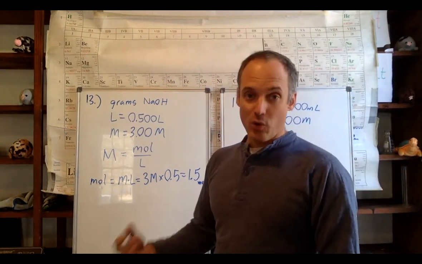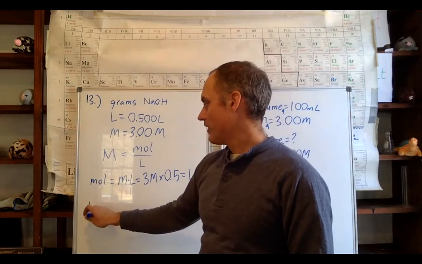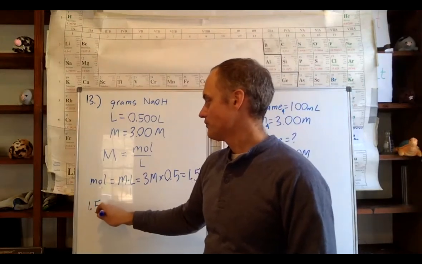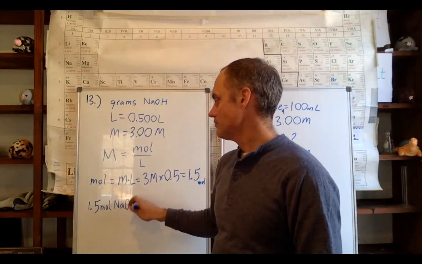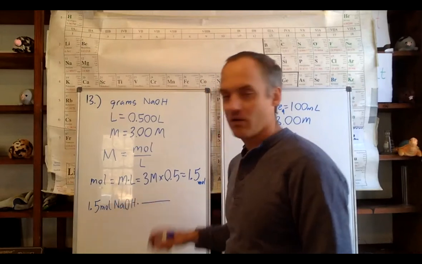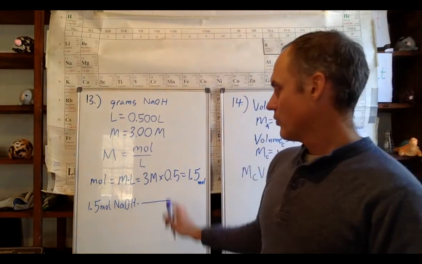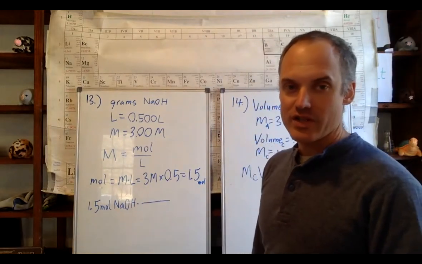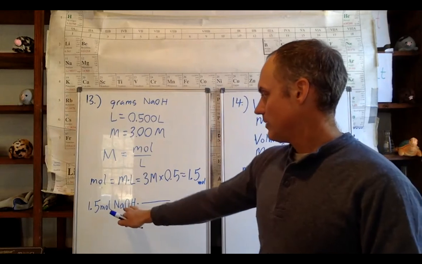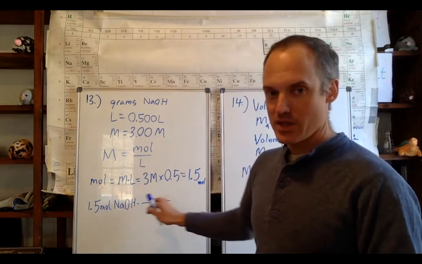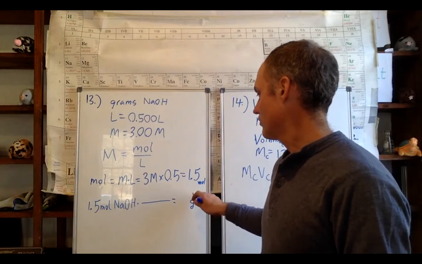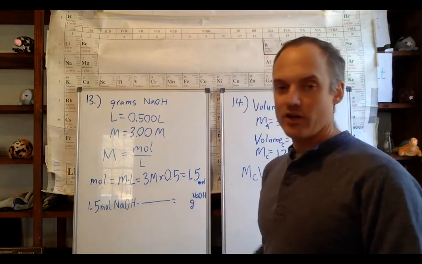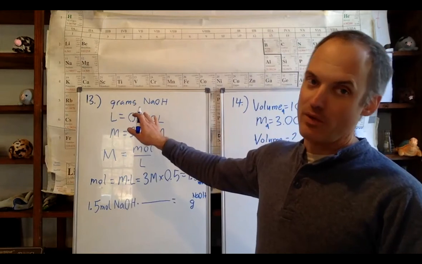All right, that's moles though. So we have 1.5 moles of NaOH, and that's how we get grams, because we want to know grams of NaOH. That's what they want to know.